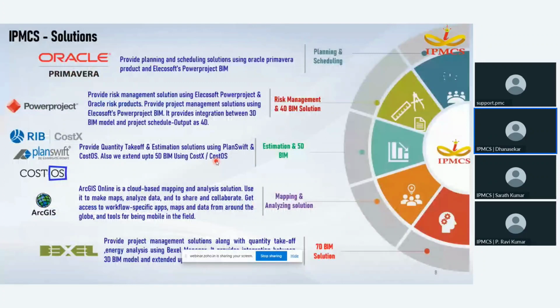When it comes to estimation and 5D BIM, we provide quantity takeoff and estimation solutions using PlanSwift, CostOS, RIB Costx, which also extends up to 5D BIM. For mapping and analysis, we are using ArcGIS, and for integrated 7D BIM solution, we use Bexel Manager.